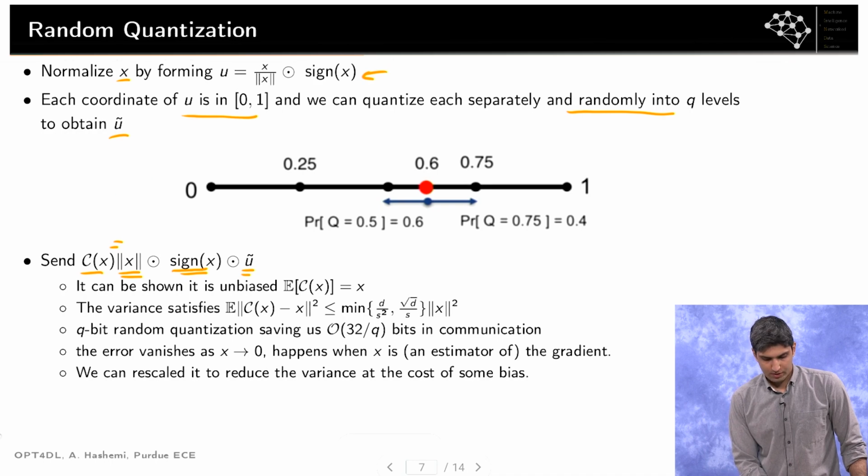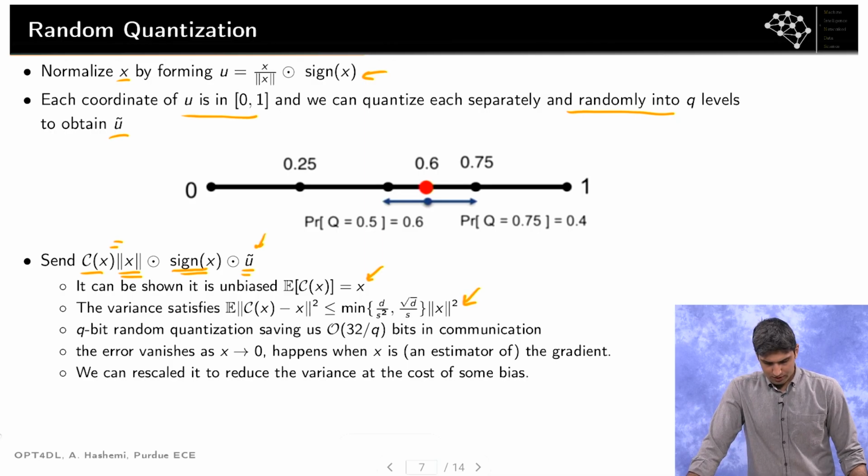There's an example here that I'm going to talk about in a moment, to see exactly how we do this randomized quantization and find u tilde. But let's first talk about the properties of this random quantization strategy. We can show that it is an unbiased compression method, and we can derive a bound on the variance or the compression error. It depends on D, the size of the signal we are compressing, and also S, where S or Q is our quantization level.